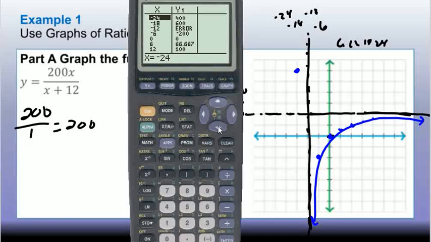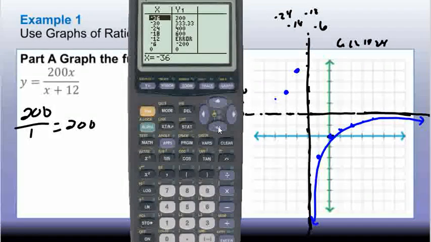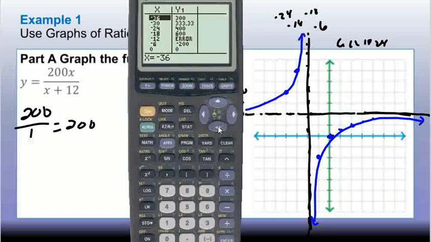So 1, 2, 3, 4. -30 and -300. So 1, 2, 3. So about here. 36 would be 300. So that'd be 1, 2, 3. So this one looks something similar to this. So there's our graph.